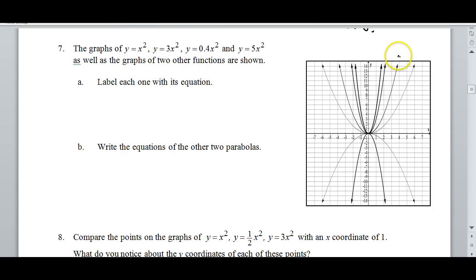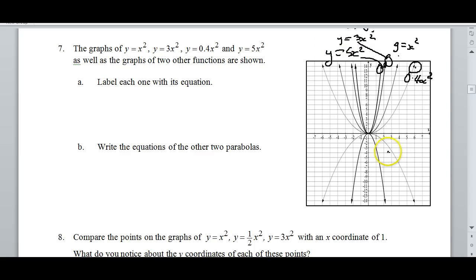The narrower we get, the larger the number. So this will be 0.4x squared, 3x squared, and this one here is y equals 5x squared.